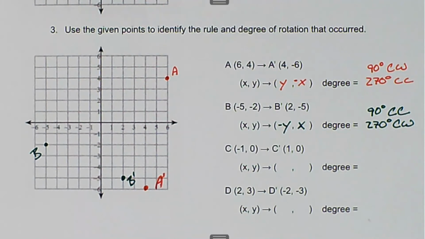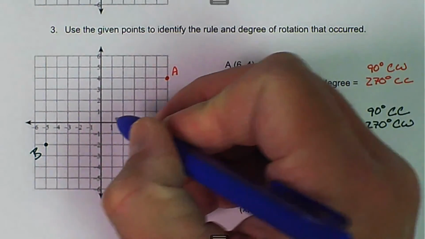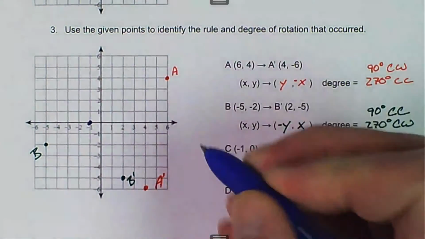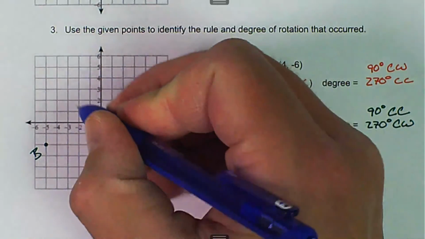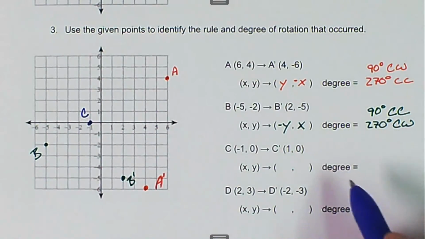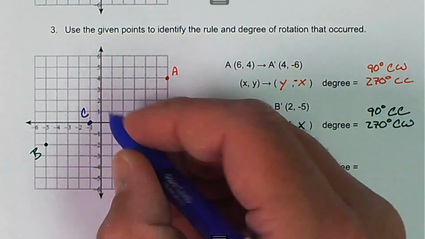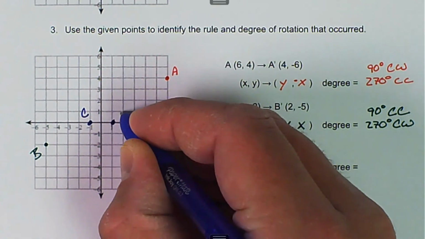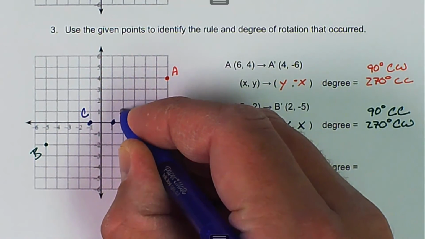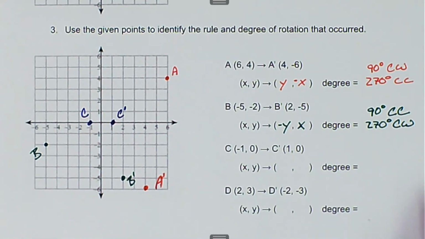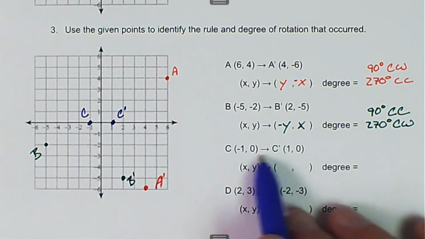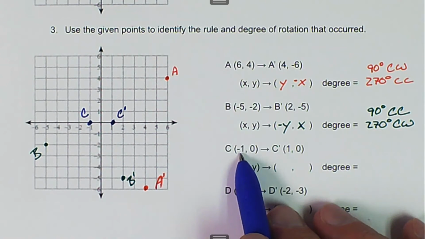The next one we have is C. So we have (-1, 0). (-1, 0) right there. And that's going to be C. And we want to go to (1, 0). That's going to be C prime. All we did was negate.